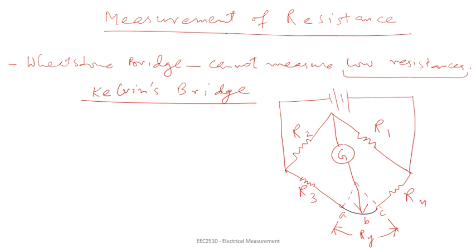All the resistances R1, R2, R3 and R4 are already known to you. This is the normal bridge, the arm resistances which are usually present in the bridge form.